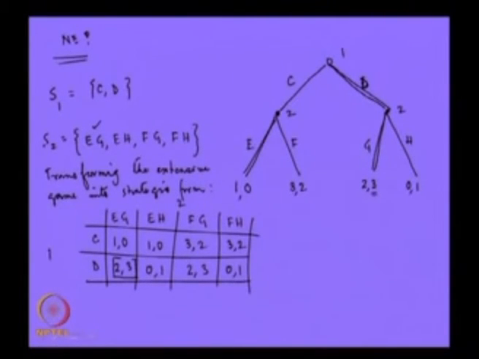So, deviation by player 1 is suboptimal. If player 2 deviates given player 1's strategy, then again it is suboptimal, because 1 is less than 3. What about the other Nash equilibria?